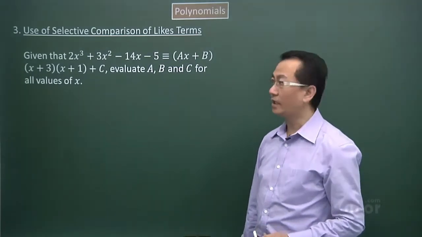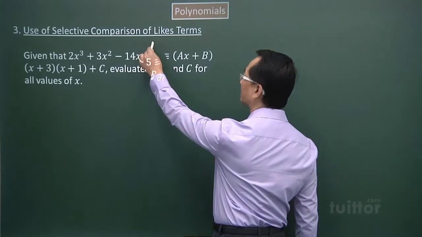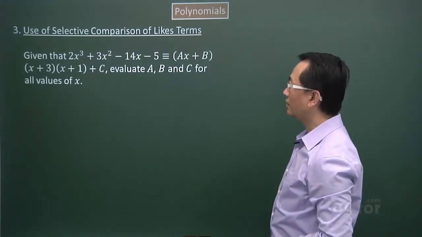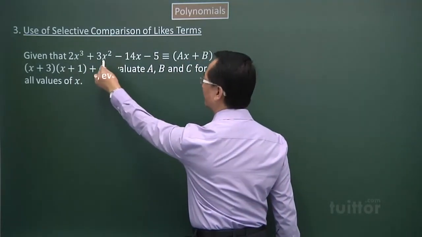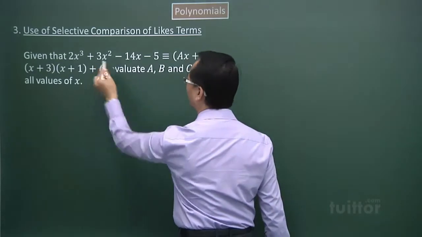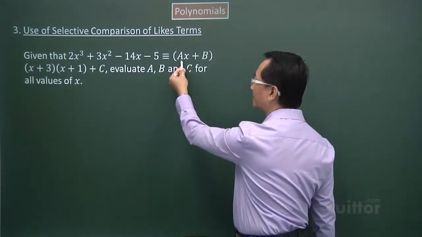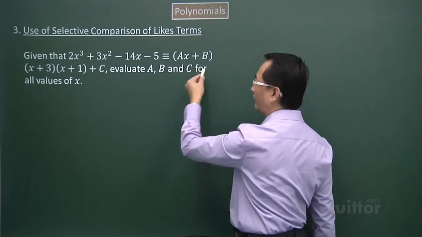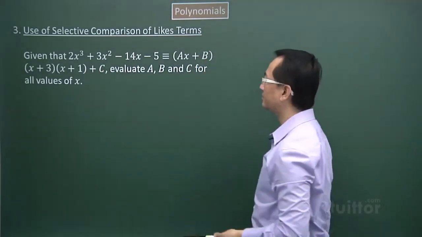For point 3, we are looking at the use of selective comparison of like terms. So over here, on the left-hand side of the identity, we have a cubic expression. And on the right-hand side of the expression, we have factors plus c.